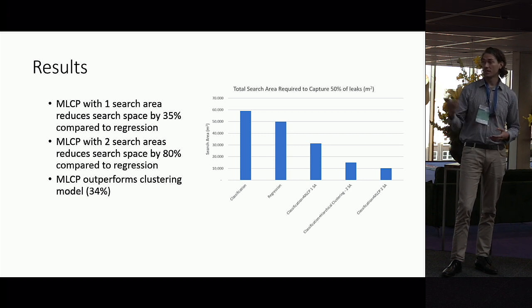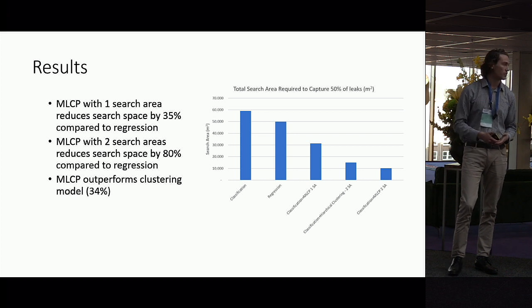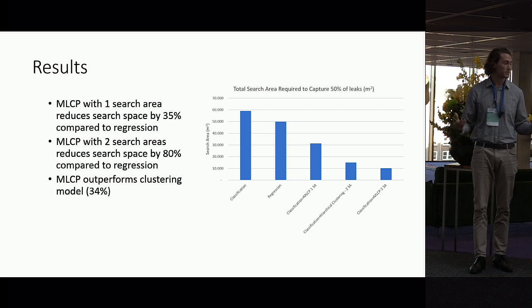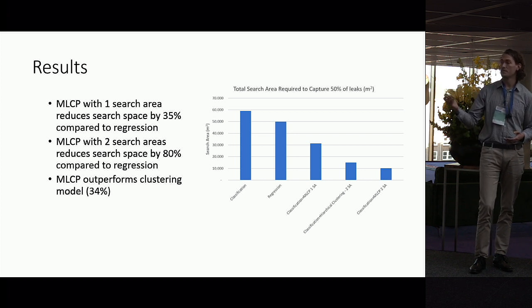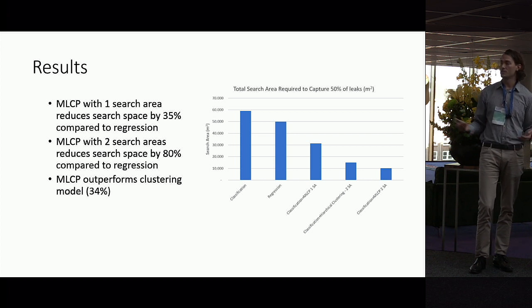And so the classification model has one of the largest areas required for the search area for the secondary leak detection crew. The regression is a similar approach. It has the XY coordinates that it predicted. We expand the search area out until it captures 50% of the leaks. And then there's the maximum coverage location problem, both with one search area and two search areas.